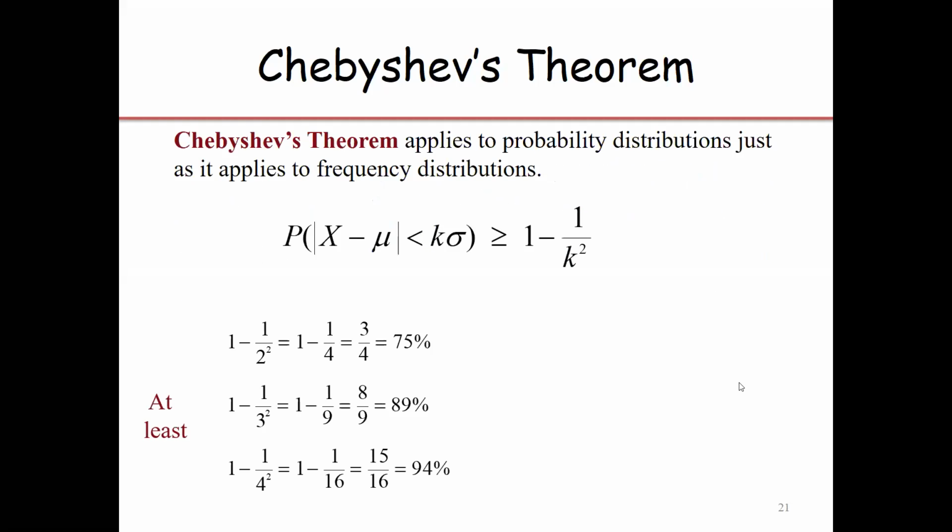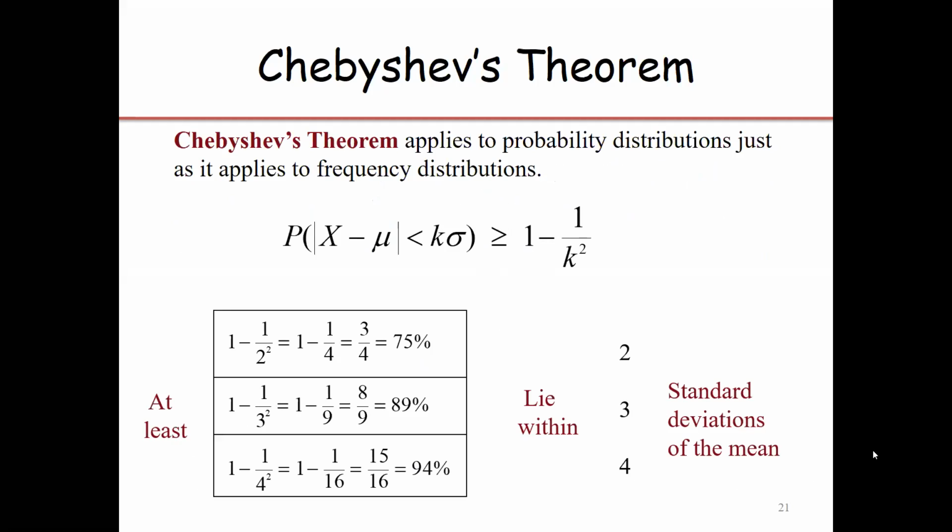Now these probabilities are shown as at least: probability is greater than or equal to 75%, 89%, and so on, lying within 2 standard deviations, 3 standard deviations, 4 standard deviations of the mean. The actual concept is that mean minus 2 sigma, mean plus 2 sigma, mean minus 3 sigma, mean plus 3 sigma are basically the intervals.